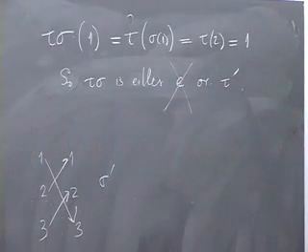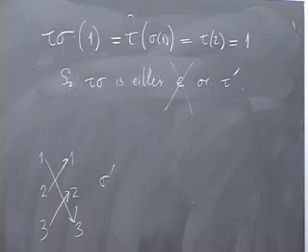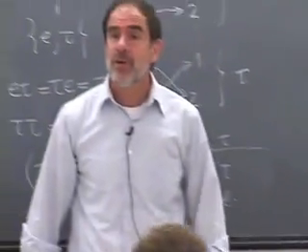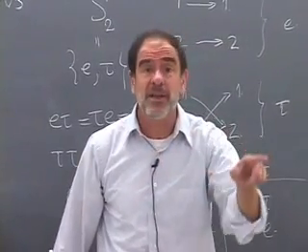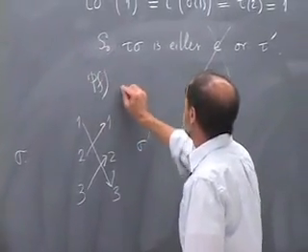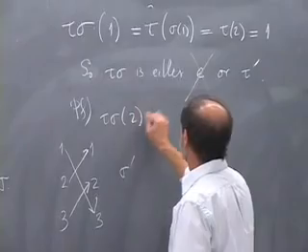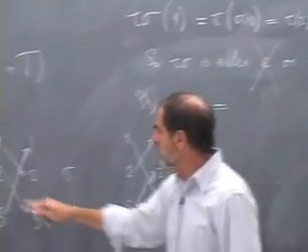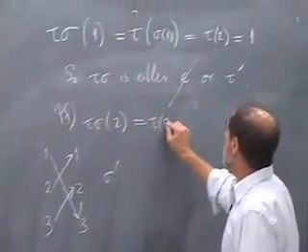Now I claim that it isn't E. I can tell you that right away, by pure thought, without computing what it does to 2. Now, I could check by just seeing what it did to 2. Let's do that. That's the computational approach. Proof. Tau sigma of 2, well, we first compute sigma of 2. That's 3. It's tau of 3.